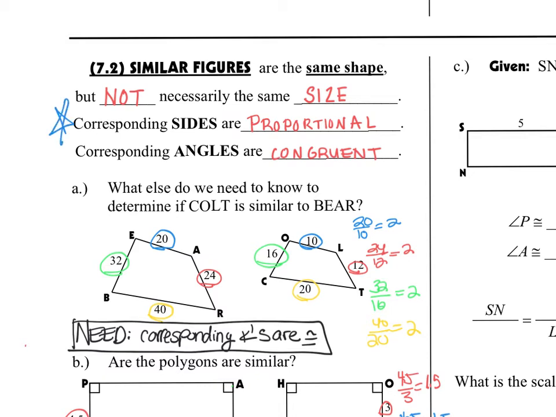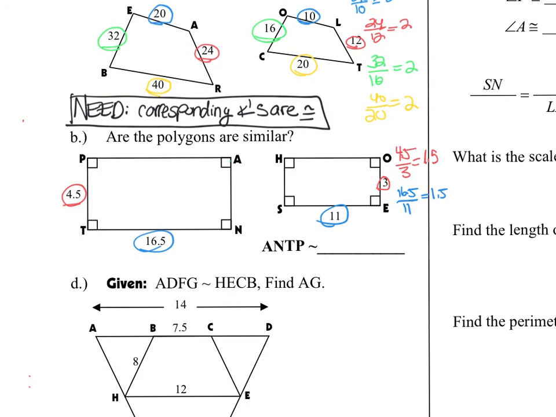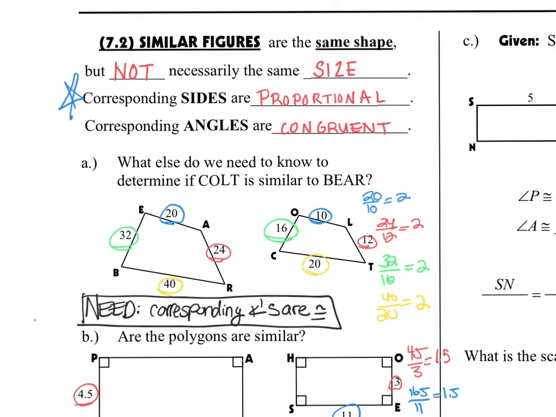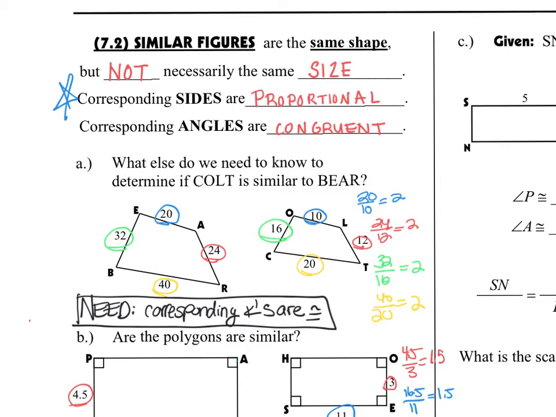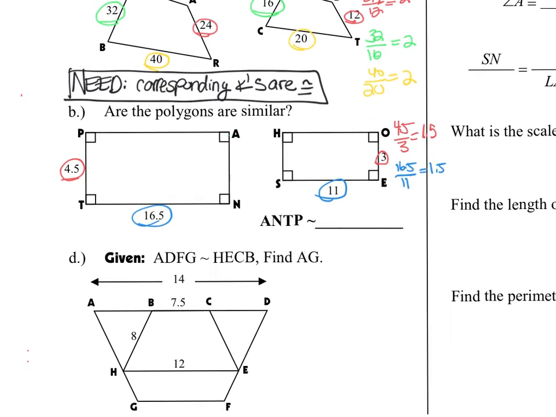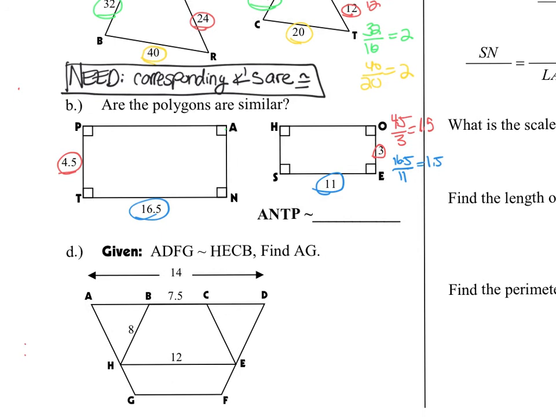That part is good, those are proportional. Let's go back, and if we look here, we can see that what we actually have are 4 right angles. And so we have that second part that we need, which is the corresponding angles are congruent. So therefore, we do have enough to be able to say that these polygons are similar.